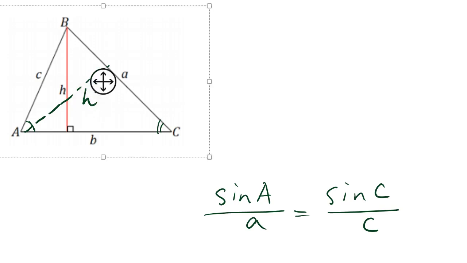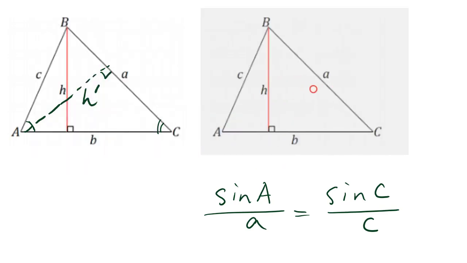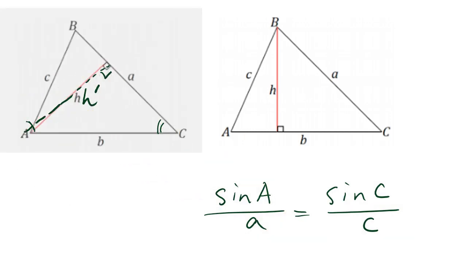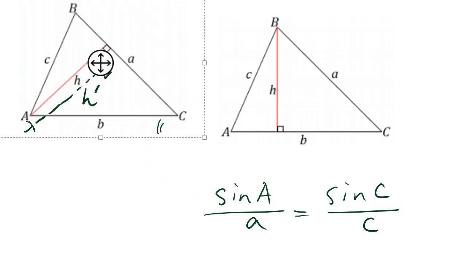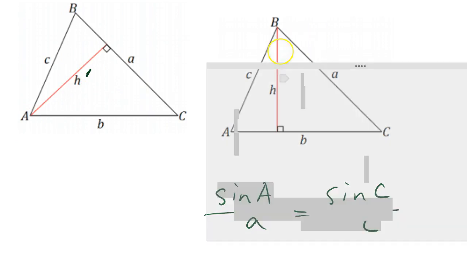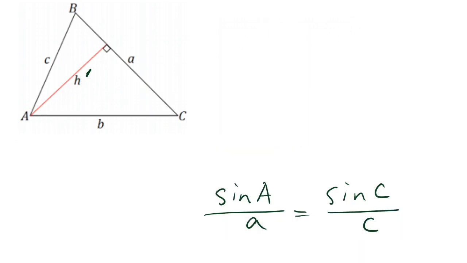In fact, let me just use a different picture. So I'm going to just have this already drawn out, but I will name this H prime. So let's take away this guy. All right, so it's the same triangle, but we're just looking at it differently.